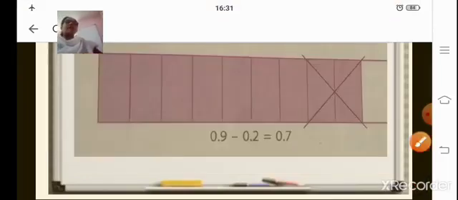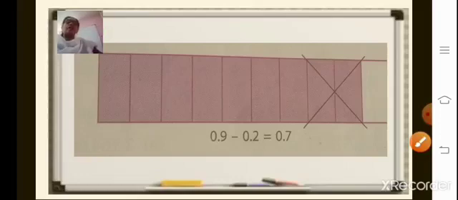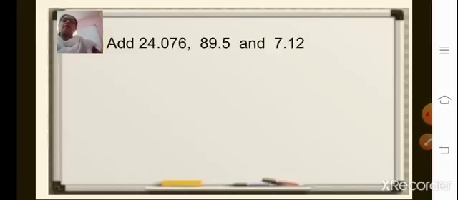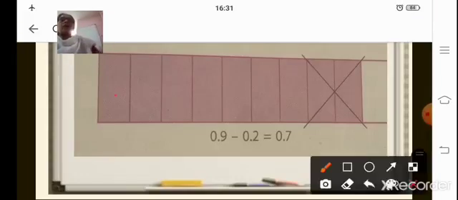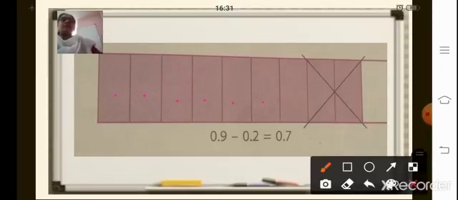Now in the same way, in this figure for subtraction, out of 10 equal parts, a total of 9 parts are colored. That is 1, 2, 3, 4, 5, 6, 7, 8 and 9. Now out of that 9 equal parts, 2 parts are cancelled, or we have to remove them. To remove or to take it out, we have to subtract.